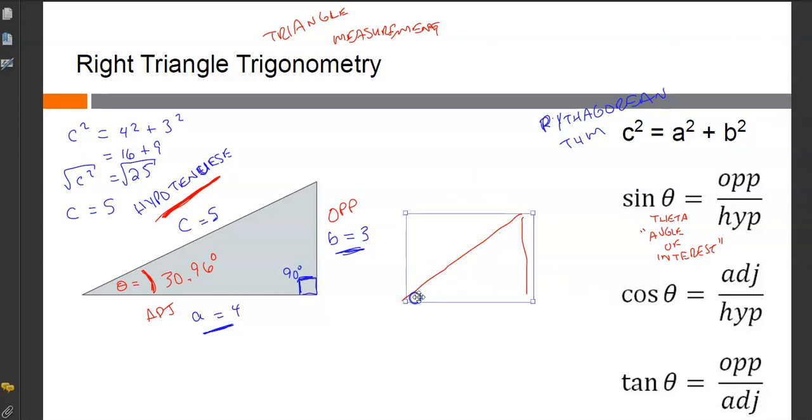Can you kind of see that the ratio of the sides are going to have to be the same? I'd have half the size there, 1.5. Half of 5 would be 2.5. Half of 4 would be 2. And the ratio, 1.5 divided by 2, is going to be the same number as 3 over 4. And so it's the ratio of the sides and how that interacts with this angle, theta, the angle of interest. All right?